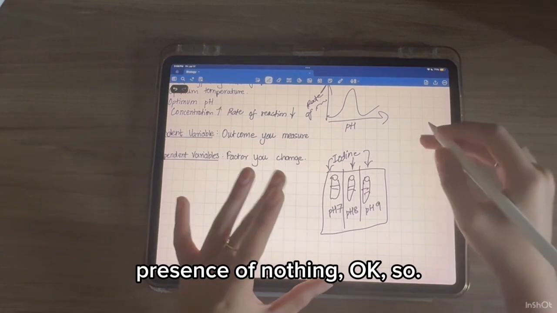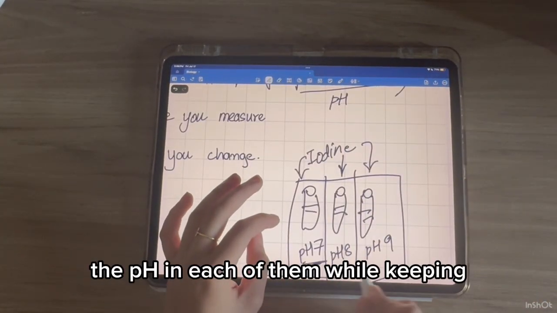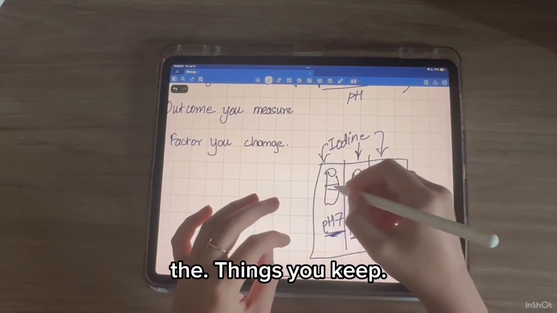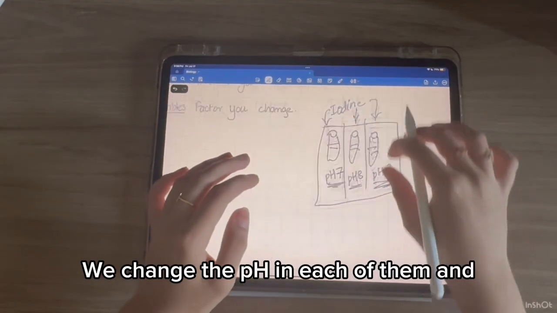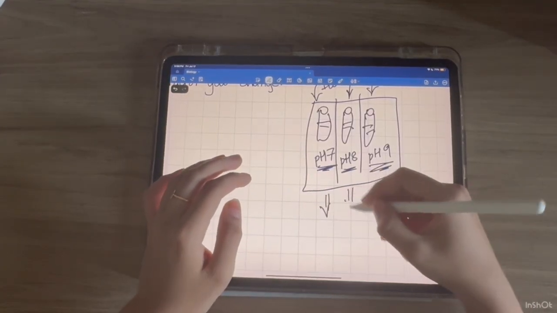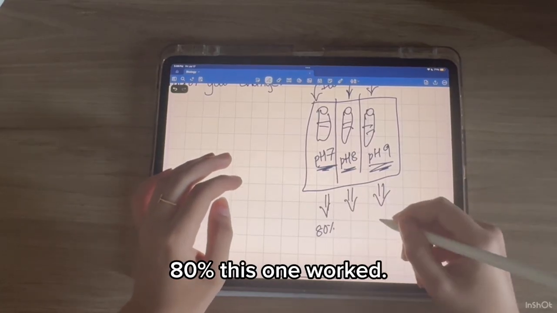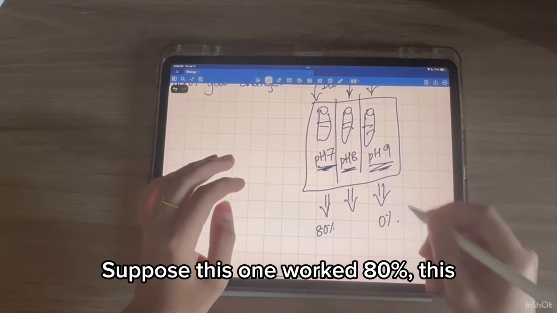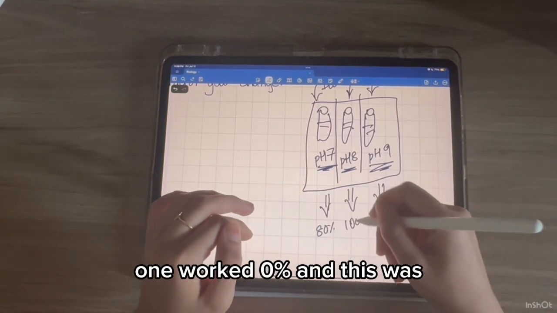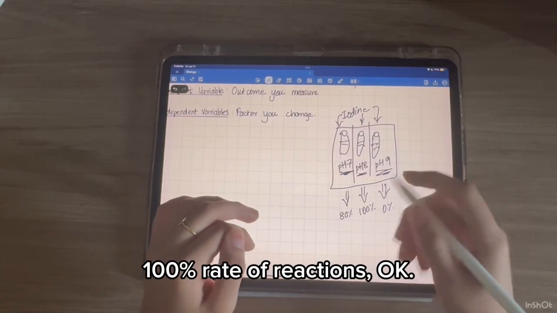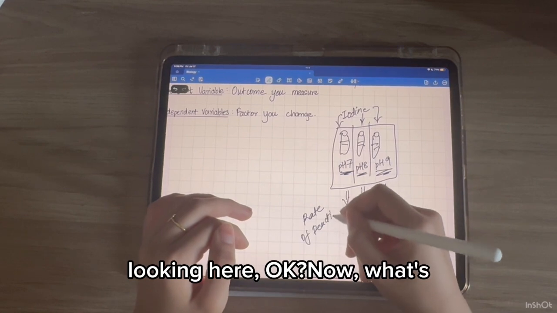So first off, we change the pH in each of them, and then we get a certain answer. Suppose this one worked 80%, this one worked 0%, and this was 100% rate of reaction. So it's how much was broken down we're looking at here.